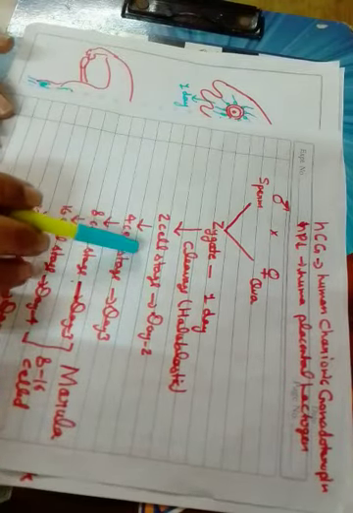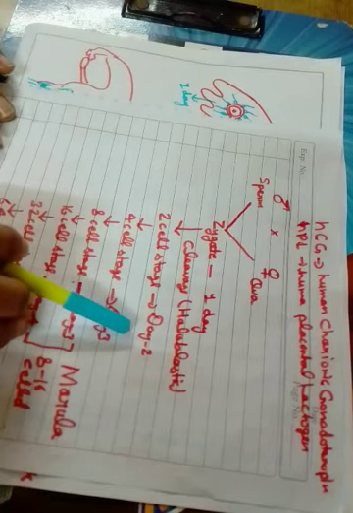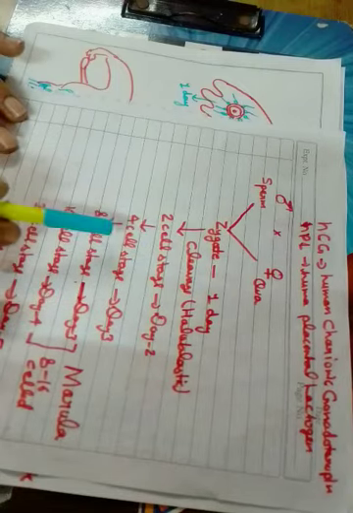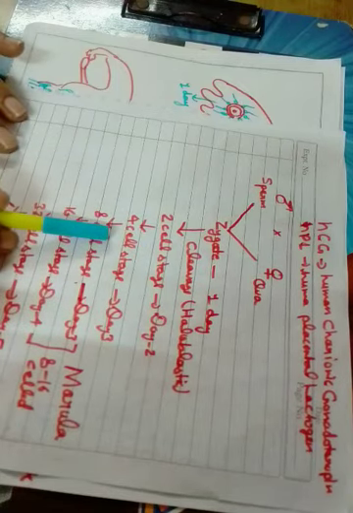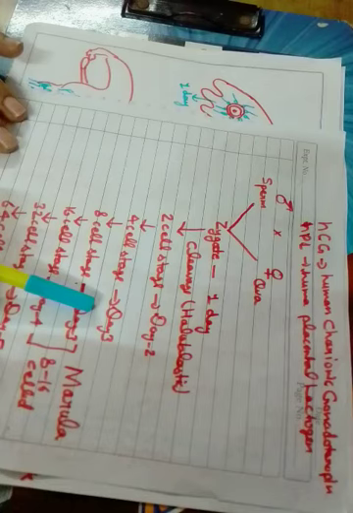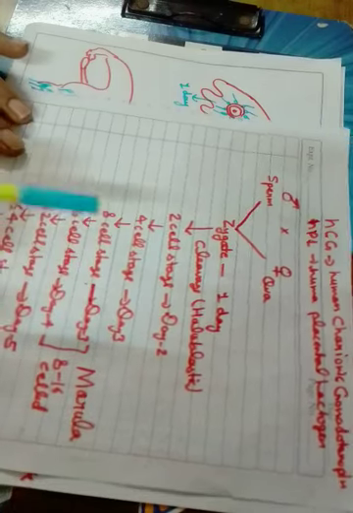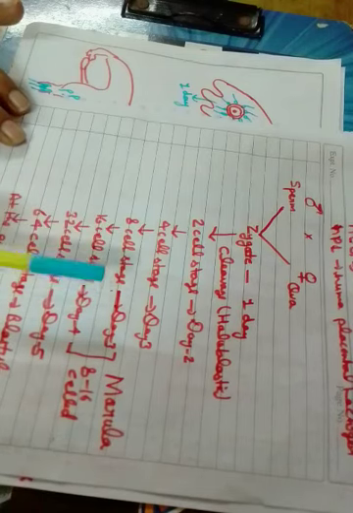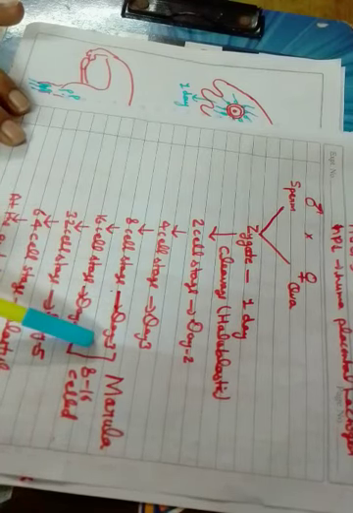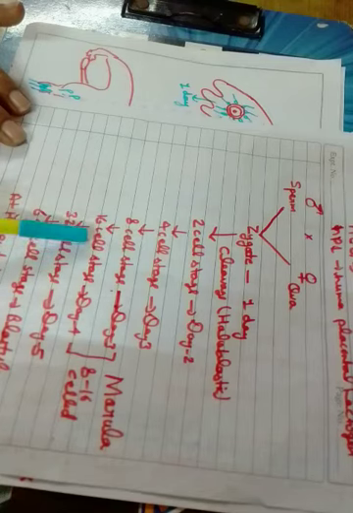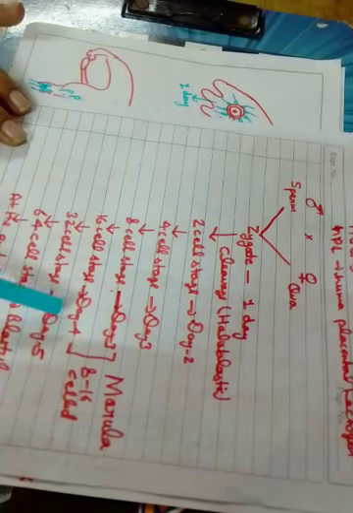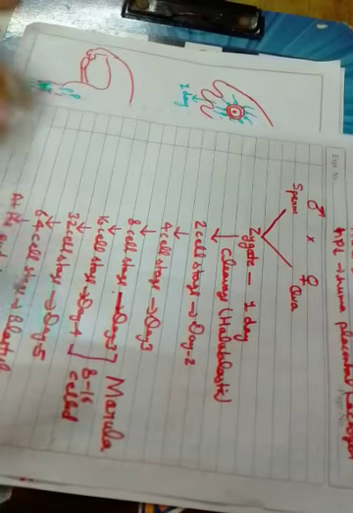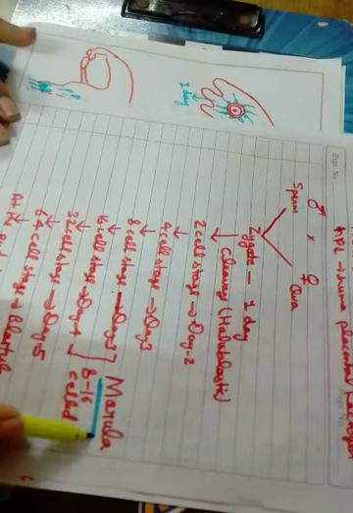And the two cell stage is on the second day. Now under cleavage, the cells form a 4 cell stage on the third day. Now the 4 cell stage changes into the 8 cell stage, and then the 16 cell stage on the fourth day. The 8 and 16 cell stage is called morula.